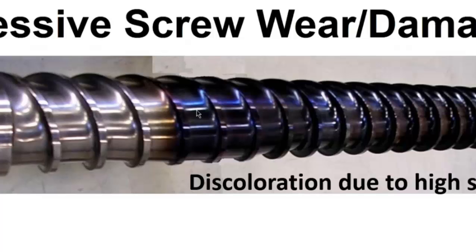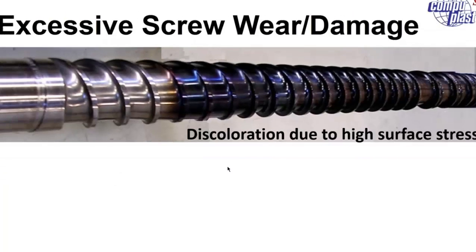And this is at the end of a groove feed section where a high pressure force is created. If this was temperature, because metal is a very good conductor of heat, we wouldn't expect to see such an abrupt transition in the color. So this is due to very high surface stress in that region due to the high pressure.